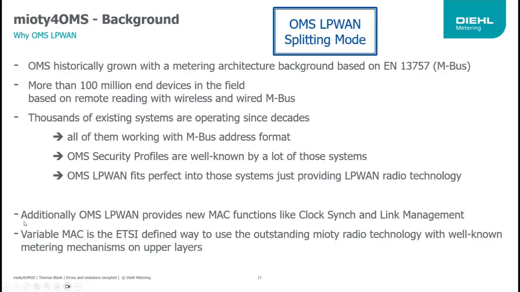Of course, as OMS has done those definitions in Annex Q of OMS LPWAN, there are also some new MAC functionalities now introduced in this wireless M-Bus MAC layer. For example, you can do clock synchronization and, of course, link management of the different technologies of OMS LPWAN. And last but not least, the variable MAC as it is defined in the ETSI specification is exactly for this approach, so that you are able to run other systems on top of the mioty radio technology.